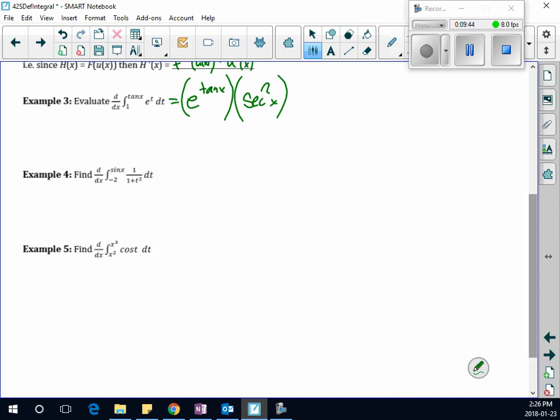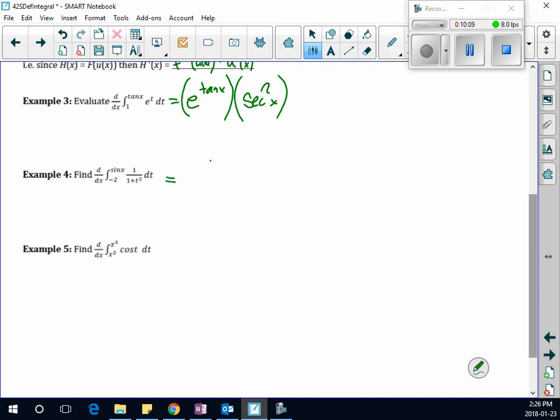What about this one? Okay, so this is a constant, this is a function. So the function's going to go in there.